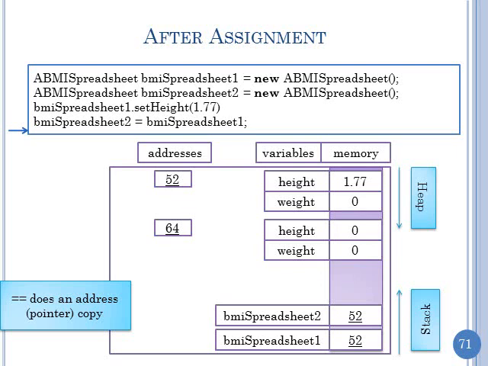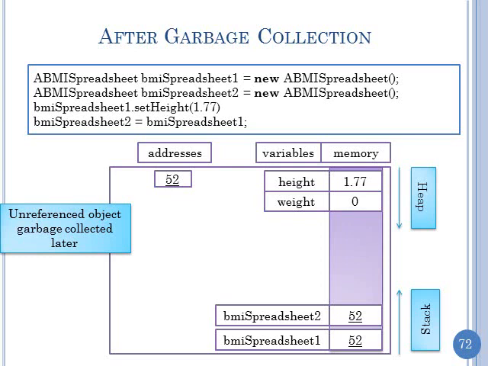The value, whatever is at the slot of the actual parameter, gets copied into the formal parameter. Okay, so now there's no way to reference BMI spreadsheet 2. And at some point later, when the garbage collector runs, okay, we don't want to go and collect garbage again and again and again. It takes time. You're running your program, and your program doesn't do garbage collection.